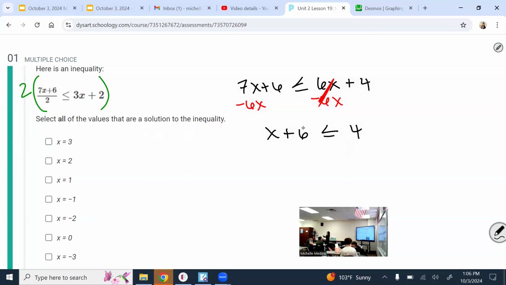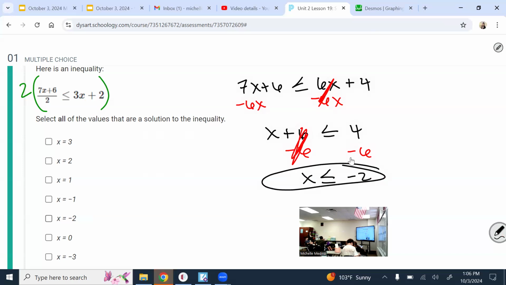That's even easier. What's opposite of adding 6? I get x less than or equal to 4 minus 6, negative 2. So x is allowed to be anything less than or equal to negative 2.